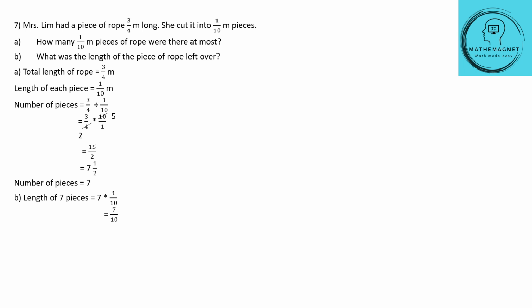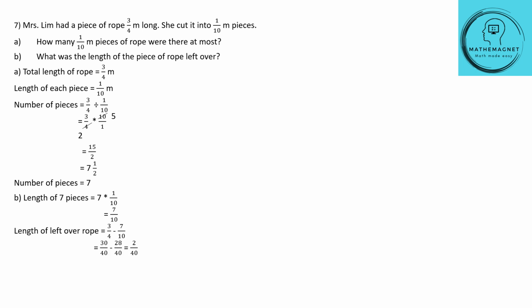Now if we subtract 7 by 10 from 3 by 4, you will get the length of the remaining piece. So the length of leftover rope will be 3 by 4 minus 7 by 10. Now to do this, we will have to make both into like fractions to subtract.